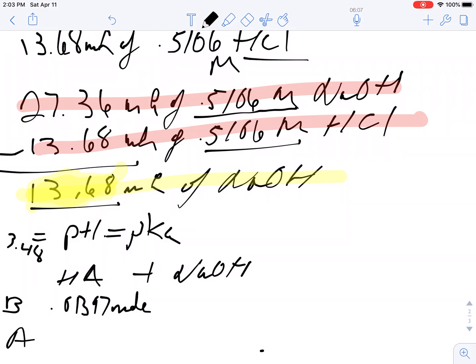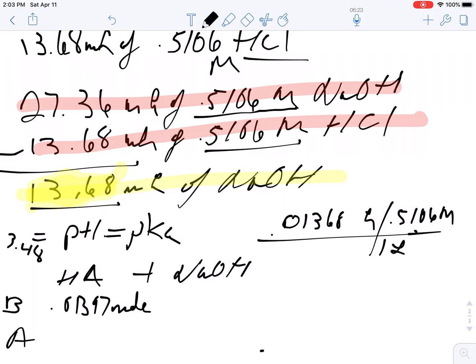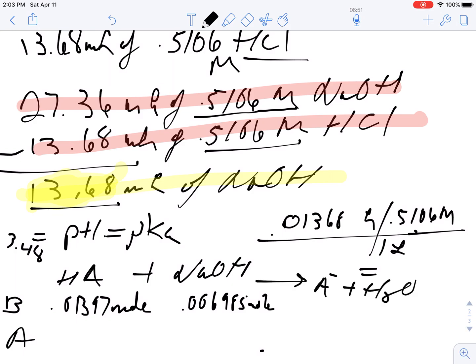So if I'm adding that many milliliters and my concentration is 0.5106 molar, that means I'm going to be adding half as much, 0.00698 moles.